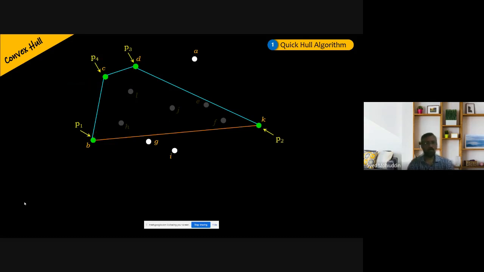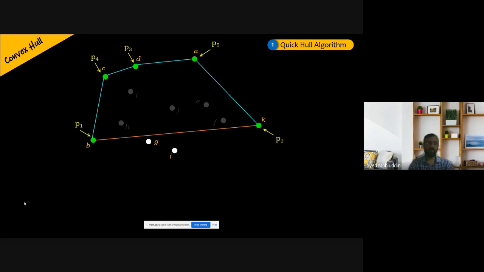Now we have a segment between point P2 and P3. So we consider this A, which is in the upper hull, and there are some points in the lower hull, and point P5 is the only point there. So we connect this and form a triangle, and then point A also becomes a point of the convex hull.